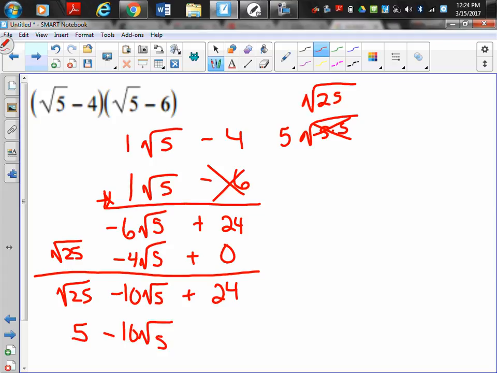Positive 24, just bring it down because there's no radical with it. Do I have anything I can put together? The 5 and the 24. So 24 plus 5 is 29.